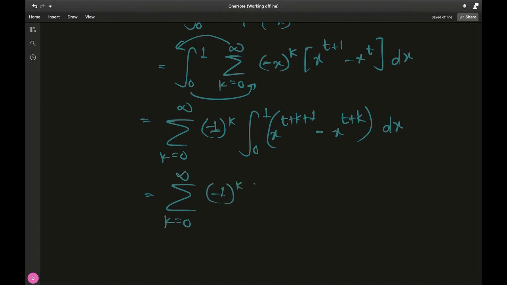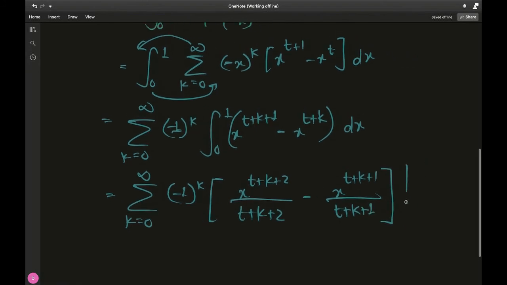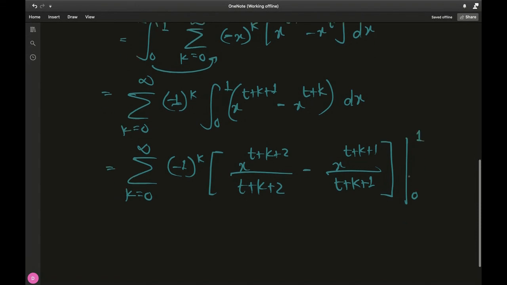So this will actually become x to the t plus k plus 2 divided by t plus k plus 2 minus x to the t plus k plus 1 over t plus k plus 1. But since it's a definite integral, we need to evaluate that from 0 to 1.